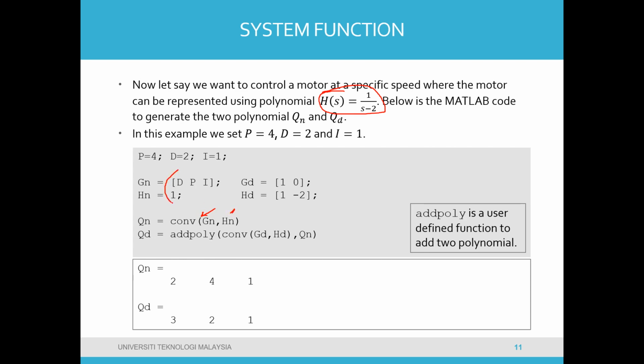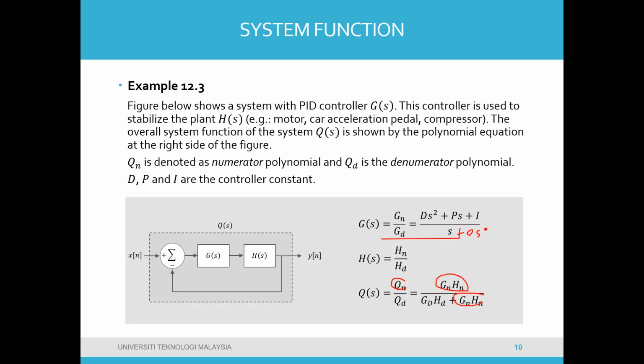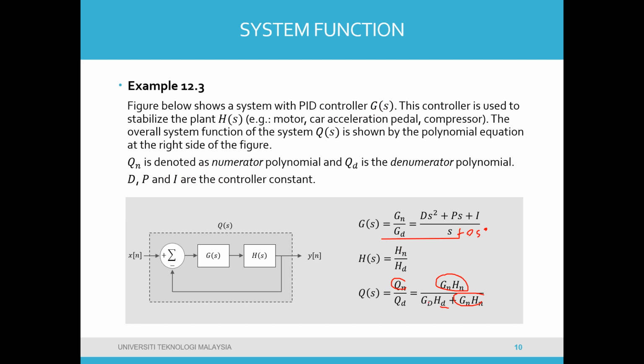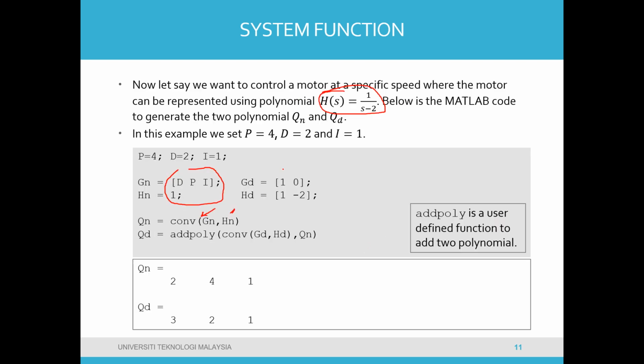You just multiply this one. Then Gd and Hd, because of the formula here, G denominator and H denominator, you multiply them.